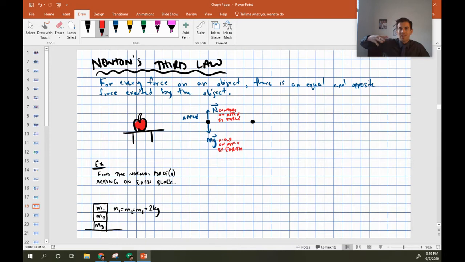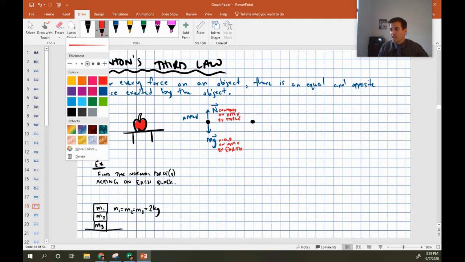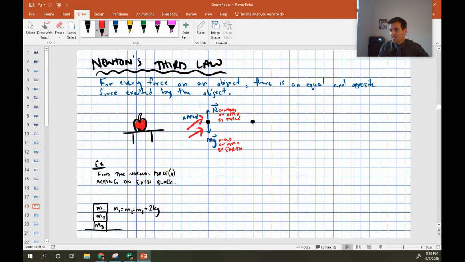For example, if I put my hand on top of that apple and started pushing it down as hard as I could, suddenly the normal force from the table is going to go up and up and up to match me pushing it down. And now the normal force from the table and the force of gravity are nowhere close to the same. So these are not a Newton's pair. That's a big no. That's a common no, but it's a big one.